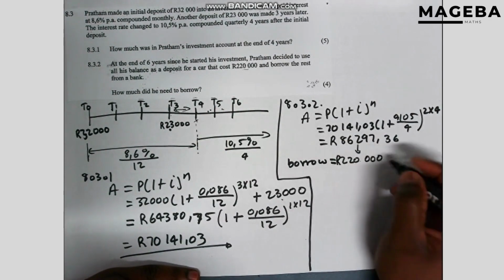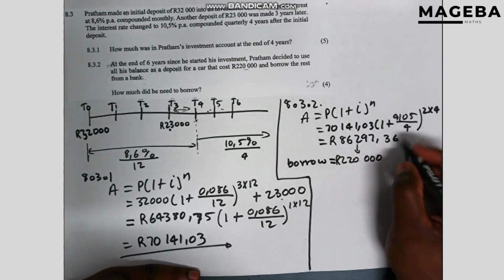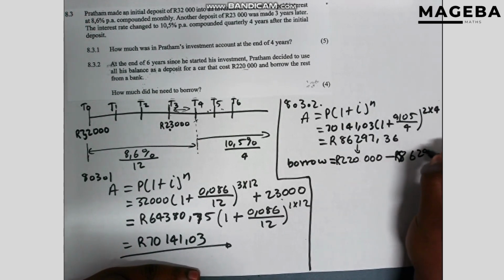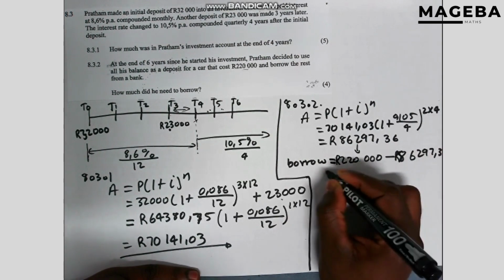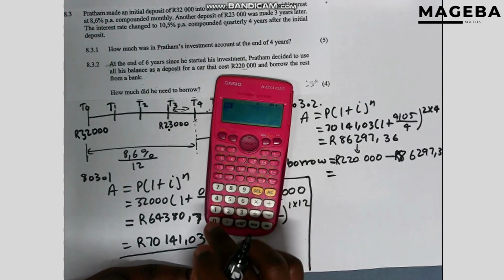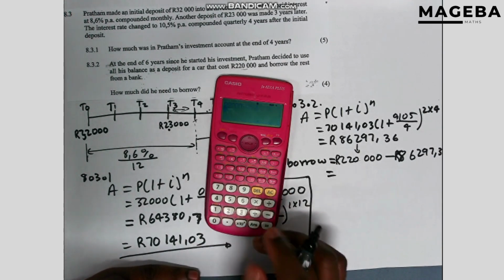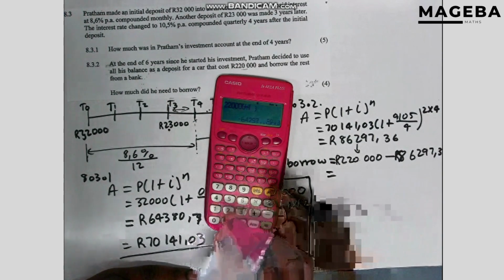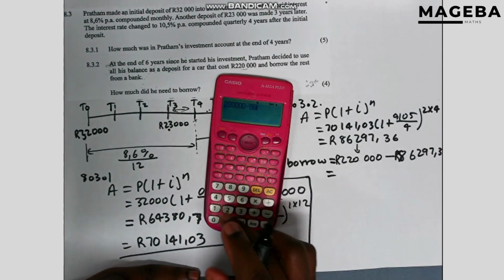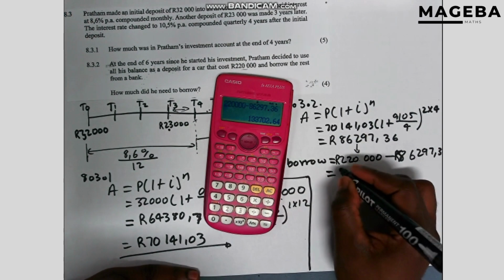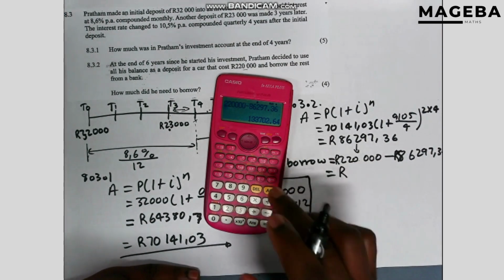So now 220,000 minus this amount, which is going to be 86,297.36. Make sure also that your zeros are right when you're punching your calculator, because this is the borrowed amount that he's going to borrow from the bank.